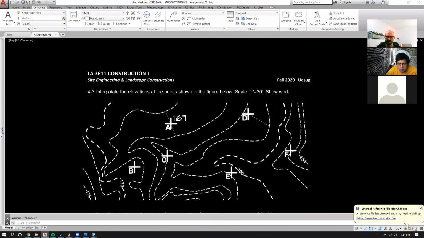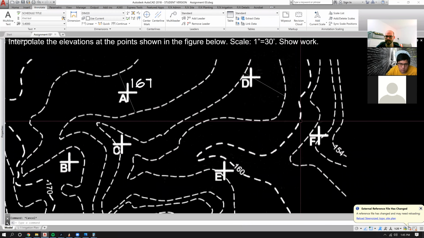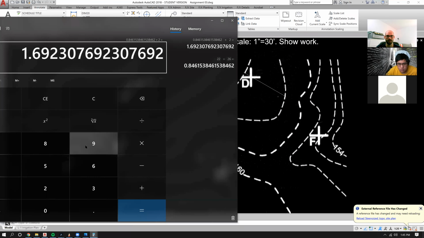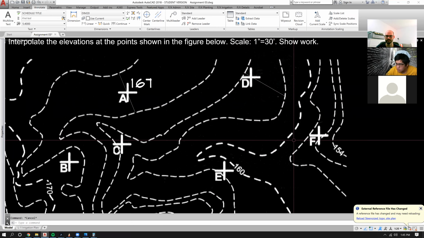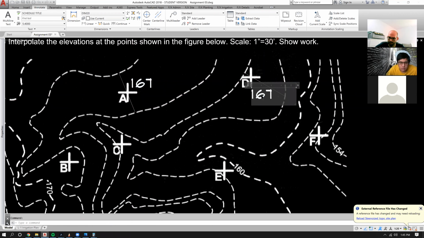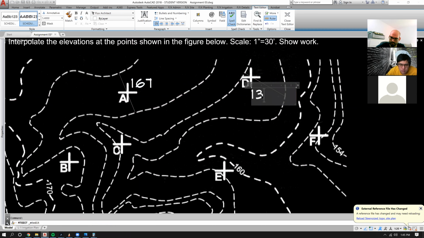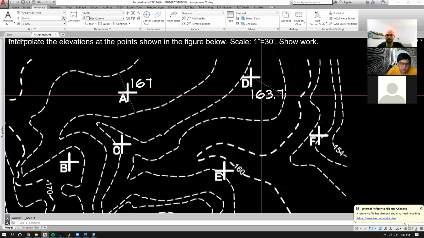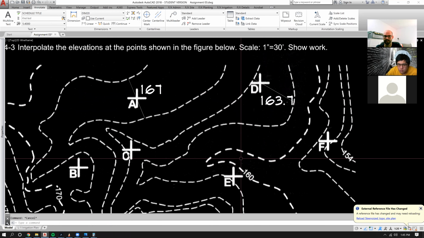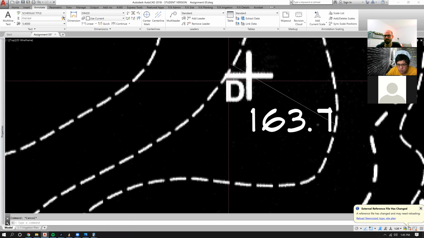So this line is 160, they go up by 2, so this line's 162. Then we add our 1.7 to 162 to get 163.7. That makes sense because the next contour line, if this one's 160, 162, 164, 163.7 is just before 164.